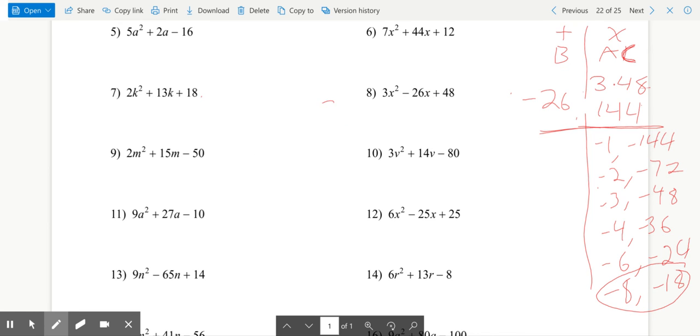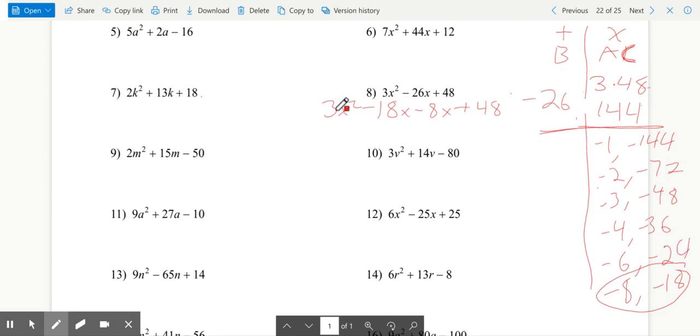So we have 3x squared minus 18x minus 8x plus 48. Okay, so we've split up our -26 into -18 and negative 8. And now we're going to factor by grouping.